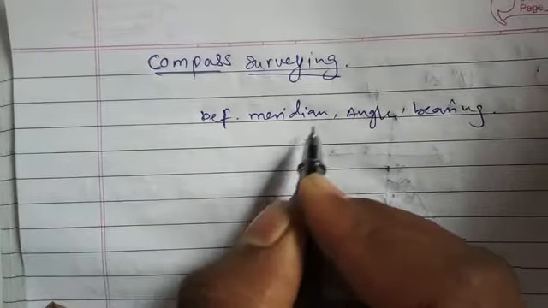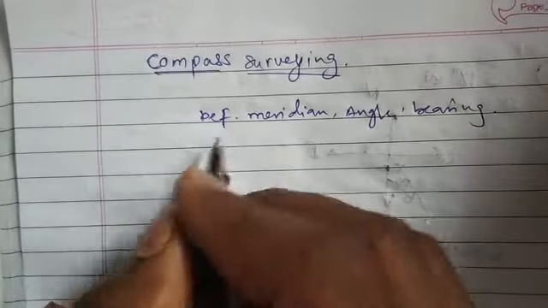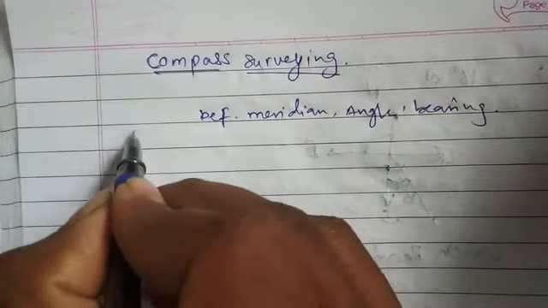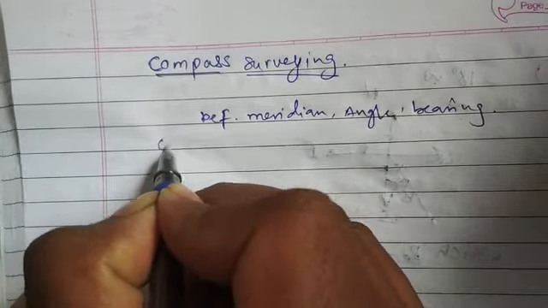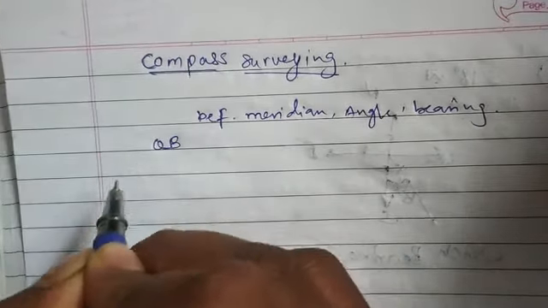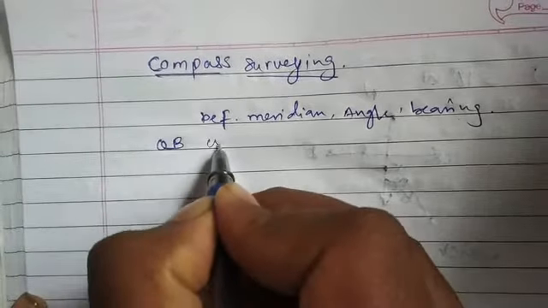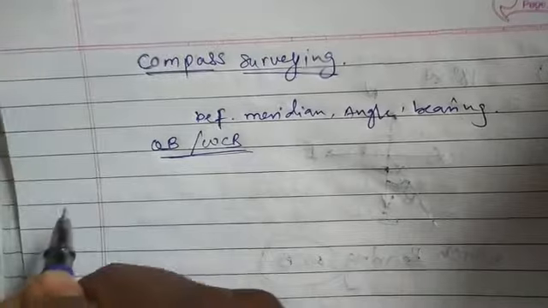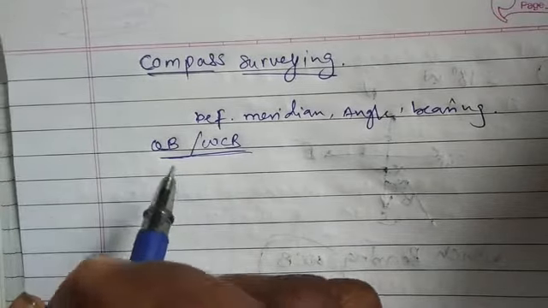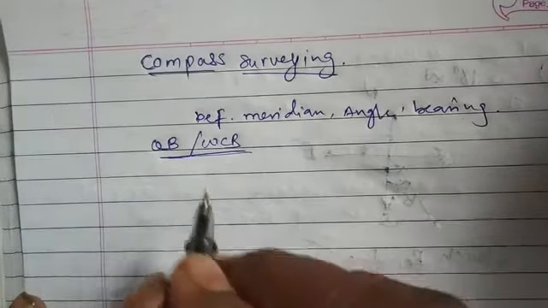We have discussed the types of bearing. After that we have discussed the systems of measurement of bearing, that is quadrantal bearing system and whole circle bearing system. So these are the measurement systems in which we prefer to measure the bearing of a line.